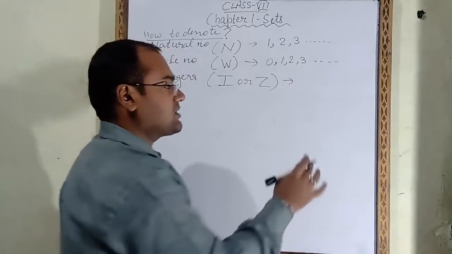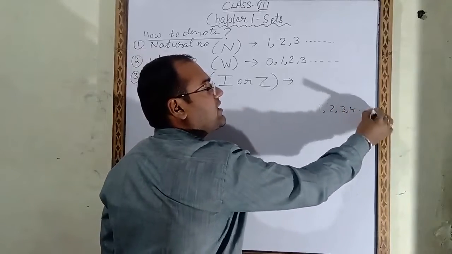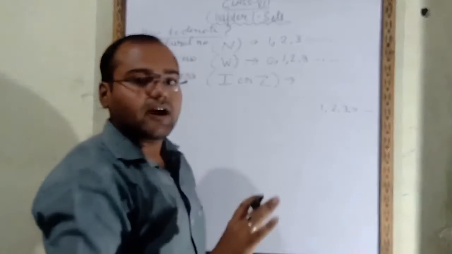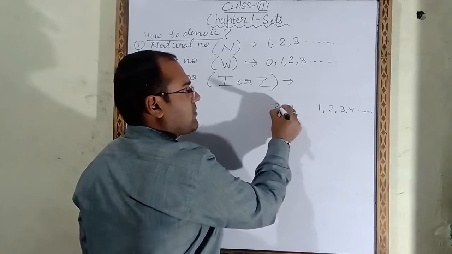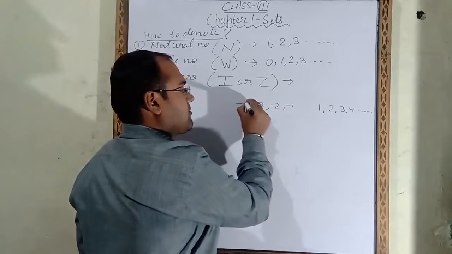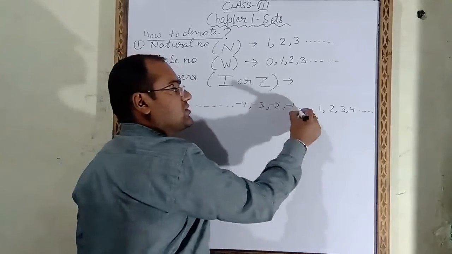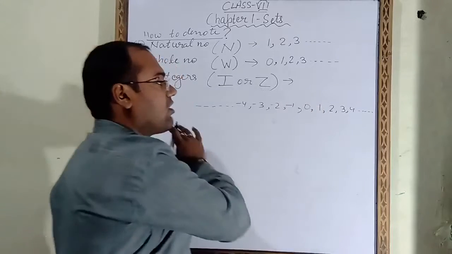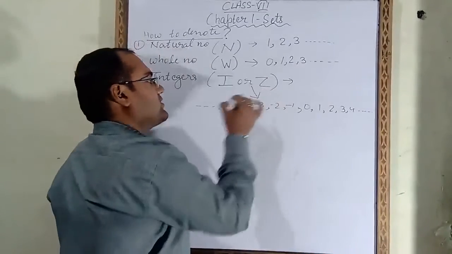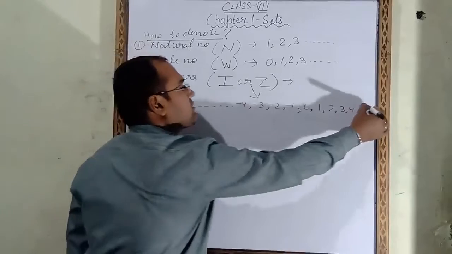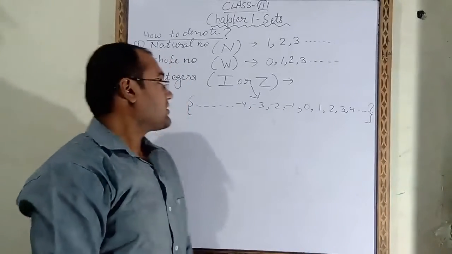Positive numbers means 1, 2, 3, 4 and so on, 5, 6, 7, 8, 9, 10. Negative numbers means -1, -2, -3, -4 and so on, including 0 also. All these numbers come under the category of integers. So these three things you have to remember for this exercise.